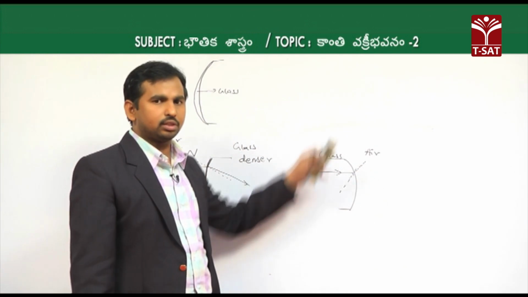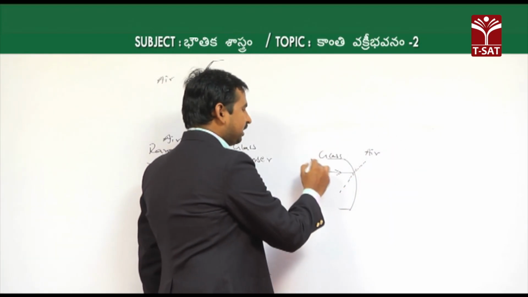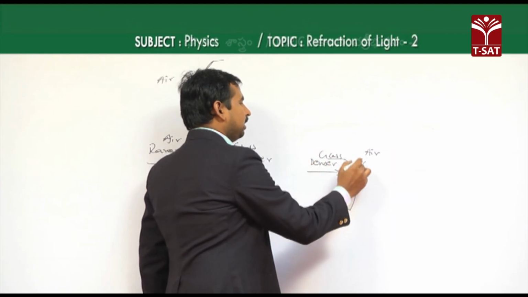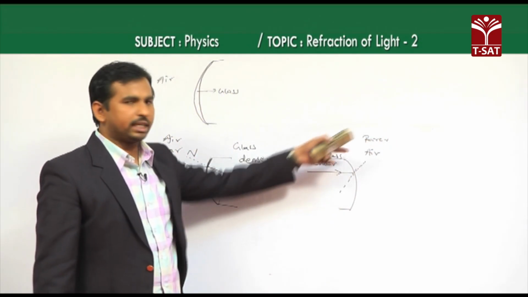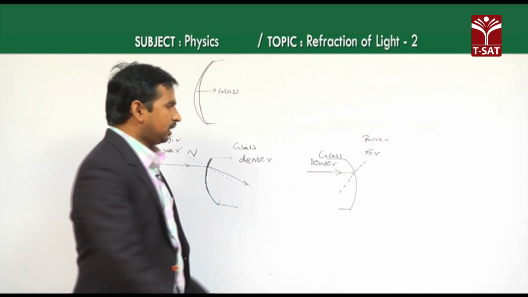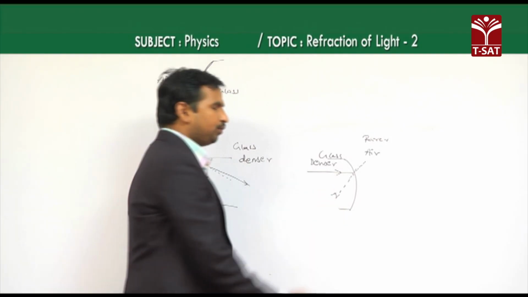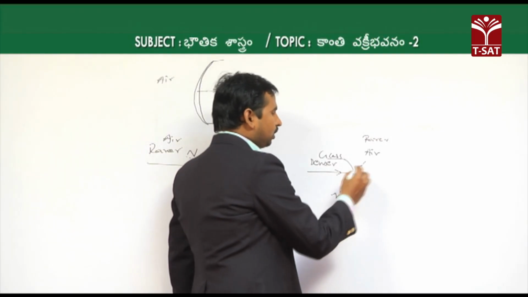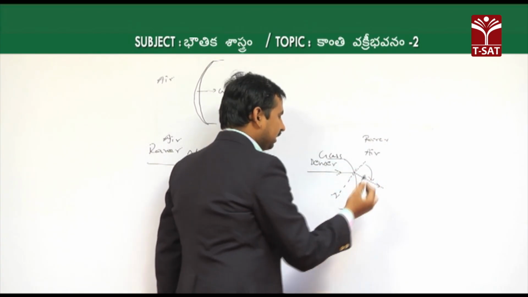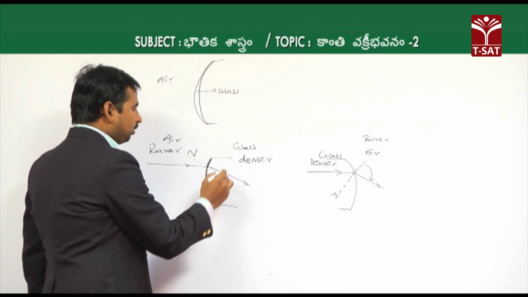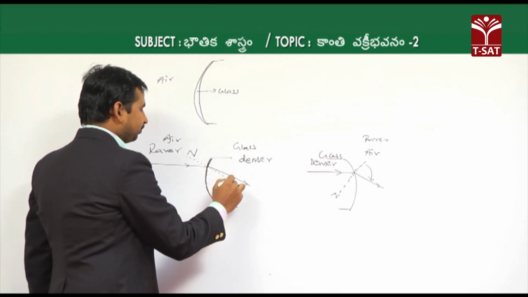It is going from denser to rarer, because glass is a denser medium and air is a rarer medium. As it is coming from denser to rarer, the light ray bends away from the normal here. Instead of going straight, the light ray bends away from the normal like this. In the earlier case, it bends towards the normal.